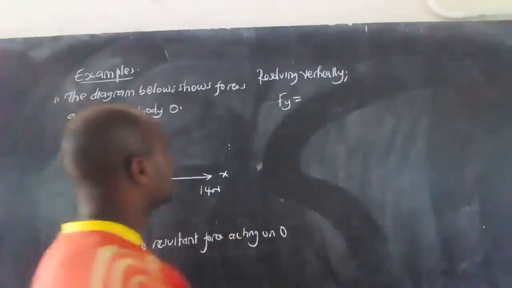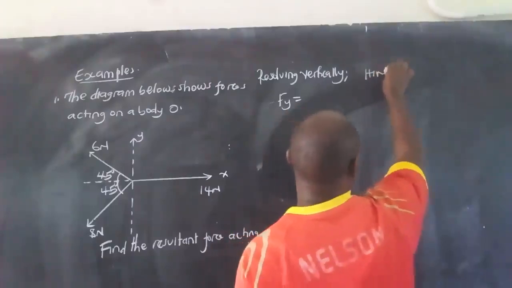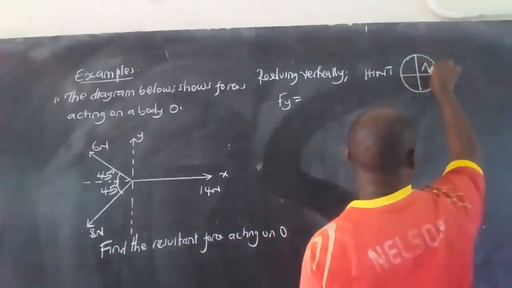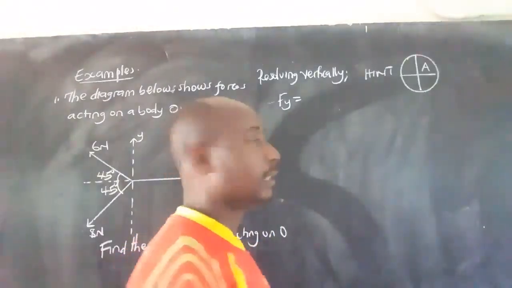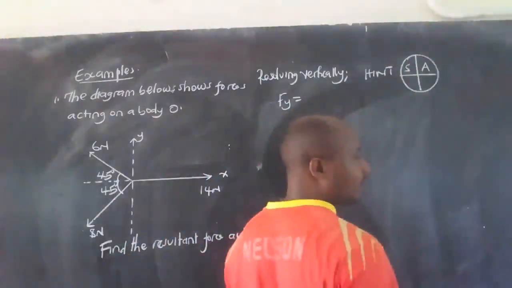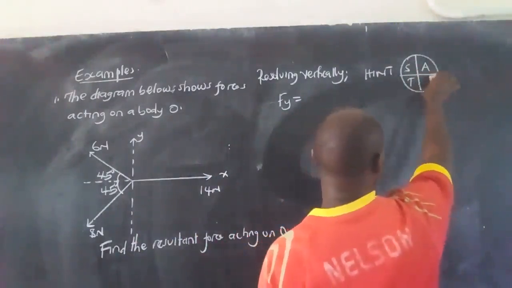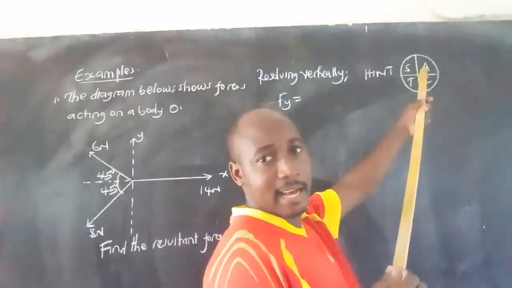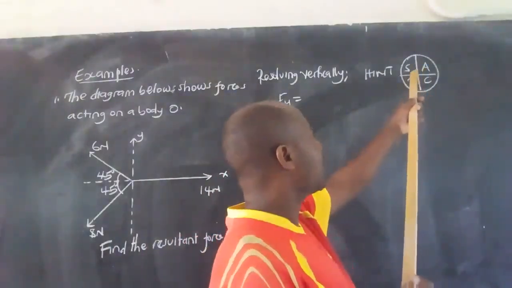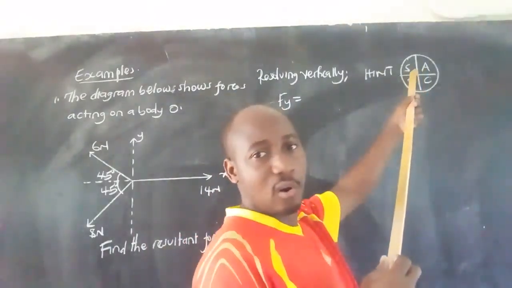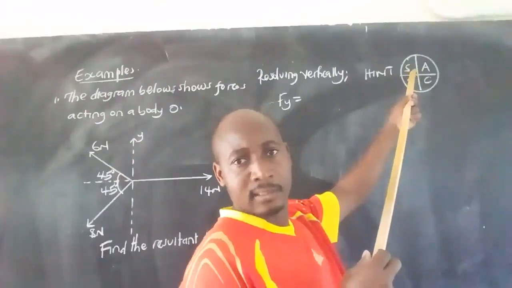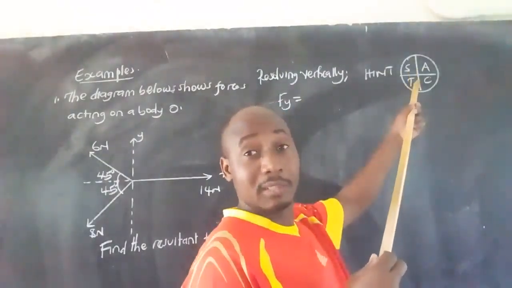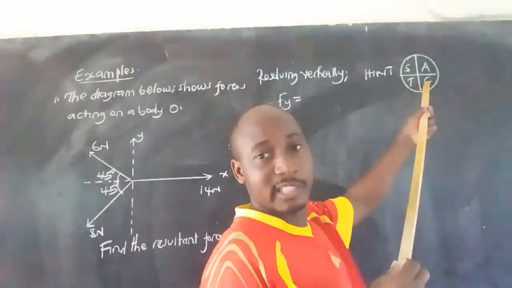But then we shall apply this hint: in the first quadrant all of them are positive; in the second quadrant only sine is positive; in the third only tan is positive; and in the fourth only cosine is positive.